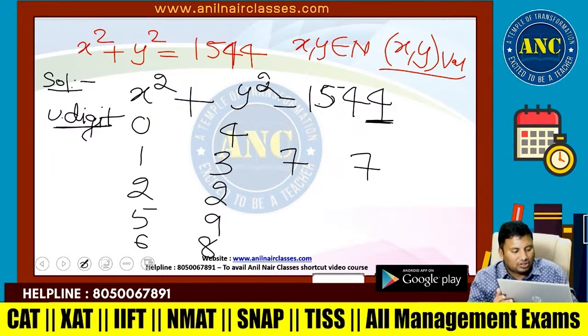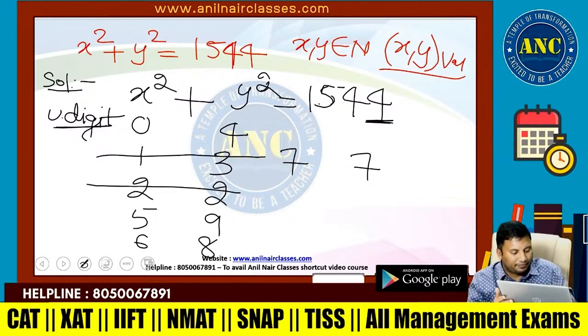I hope this logic is clear. A perfect square never ends with 2, 3, 7 or 8.